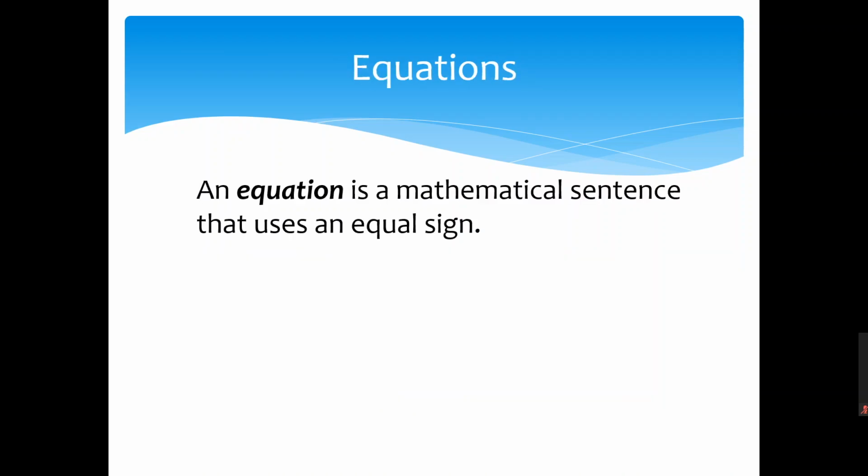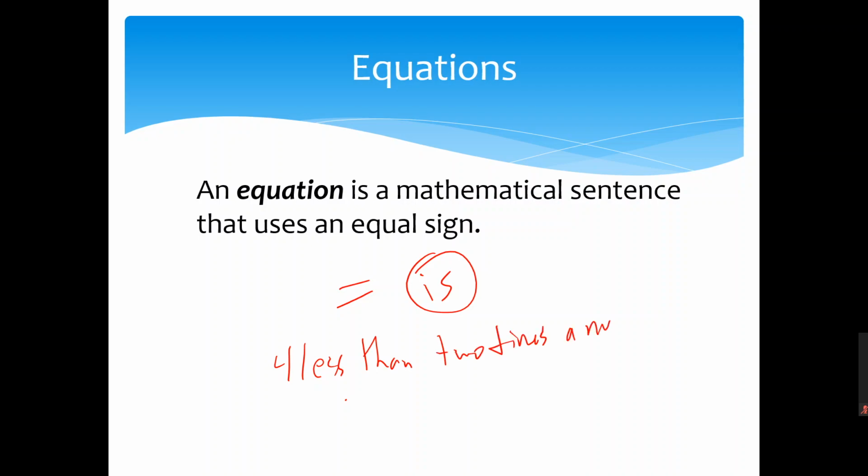All right, so when we have an equal sign, that makes something an equation. And the big word for equals in a phrase is "is." Anytime you see the phrase "is," that is where your equal sign would go. So if you have something like 4 less than 2 times a number x is 5.